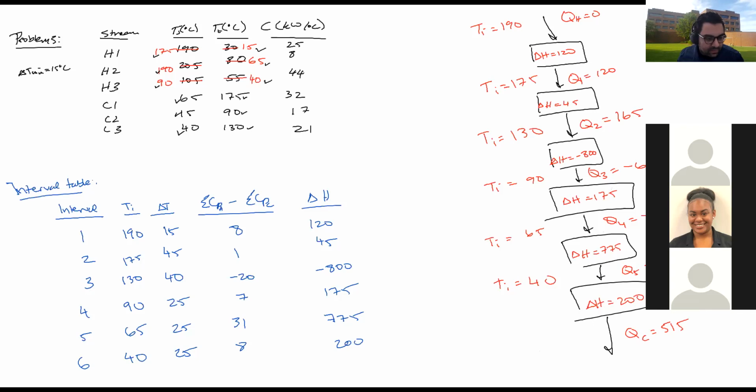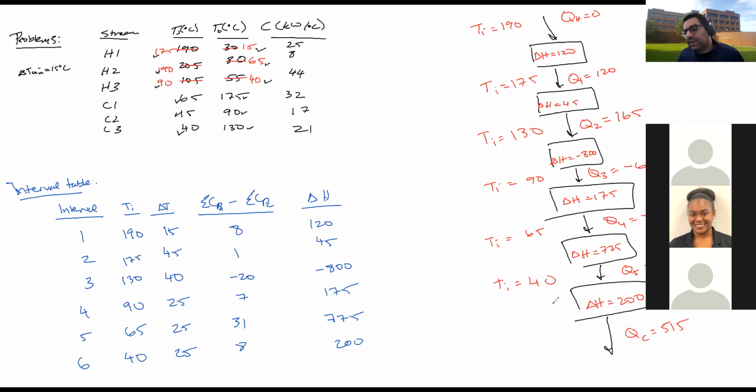I think we have everything. If we make any errors, we'll go back and retrace.